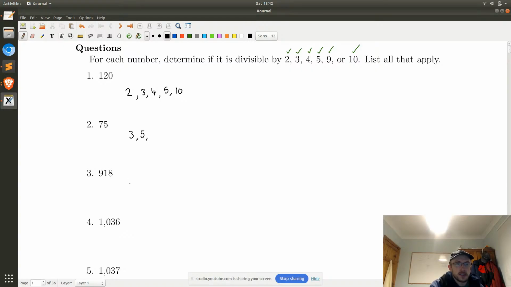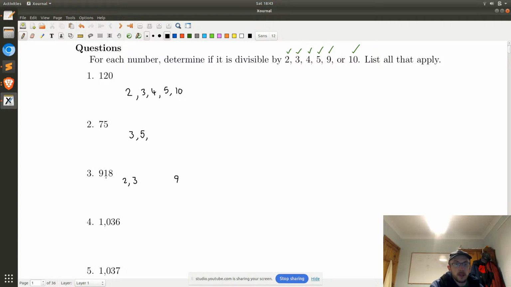For 918, the sum of the digits is 18, and therefore it's divisible by 3 and 9. If it's divisible by 9, this implies that it's divisible by 3. Of course, it's even, so it's divisible by 2. But is it divisible by 4?